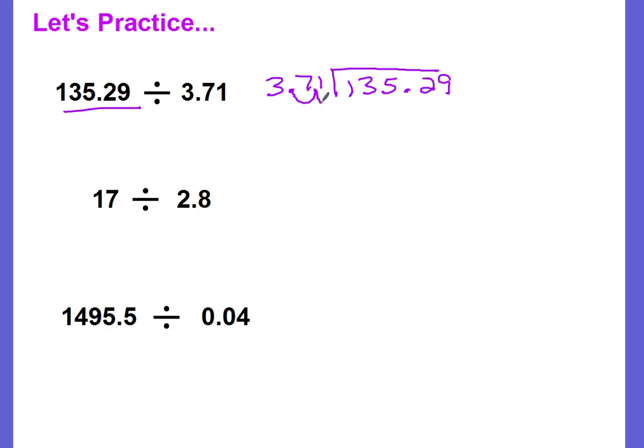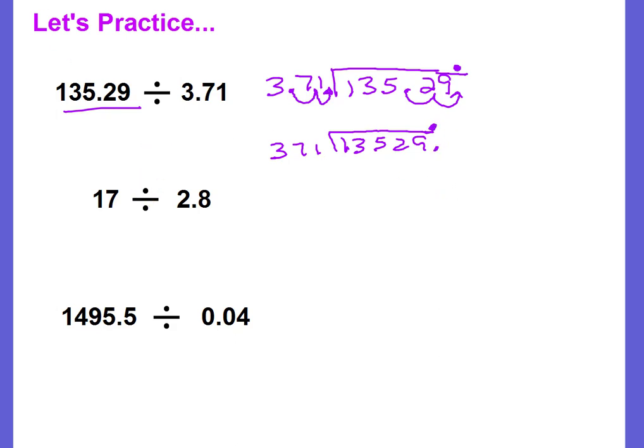So for this problem, you're going to have to slide it 2 places to the right, which means you have to slide the decimal point inside the house 2 places to the right as well. So our new decimal point will go up here. So to write it nice and neat, we'll have 371 as our divisor, and inside the house we have 13,529, and there's your decimal point.